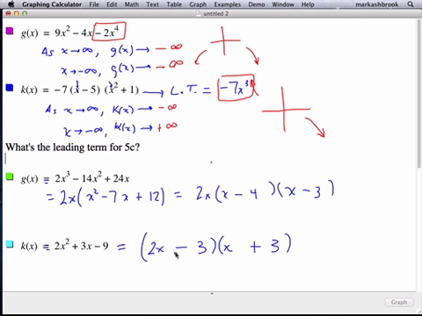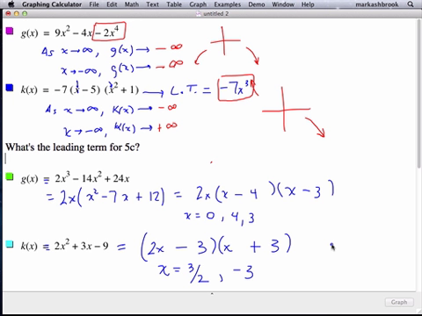Minus 3x plus 6x gives the plus 3x, and then minus 3 times 3 is minus 9. Zeros are x equals 3 halves, or 1 1/2, and negative 3. Two zeros, 3 halves and negative 3. And this one has 3 zeros: x equals 0, 4, and 3.